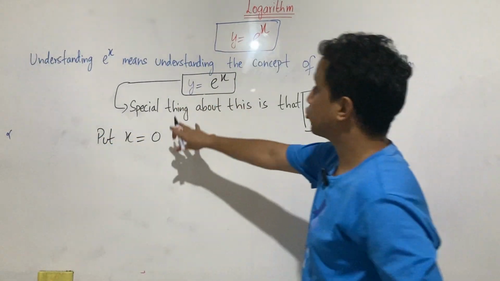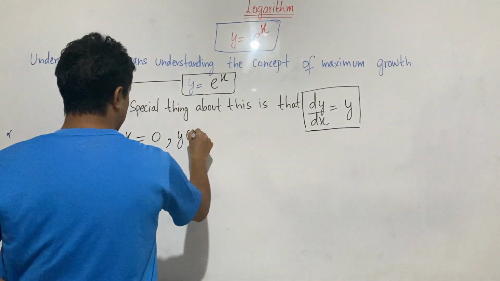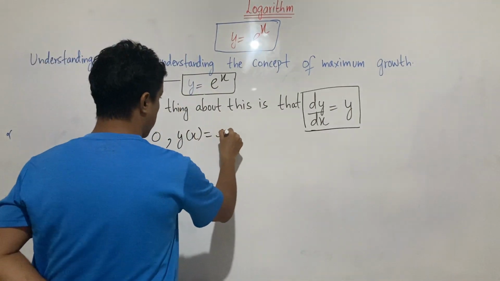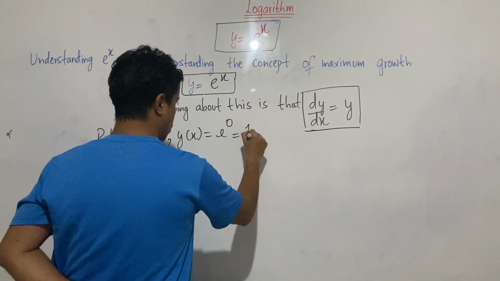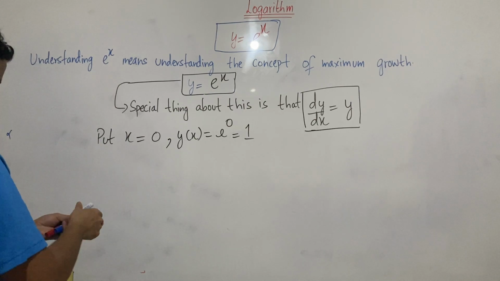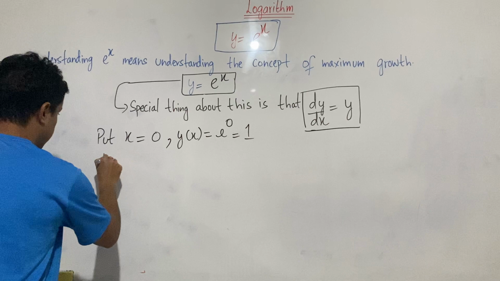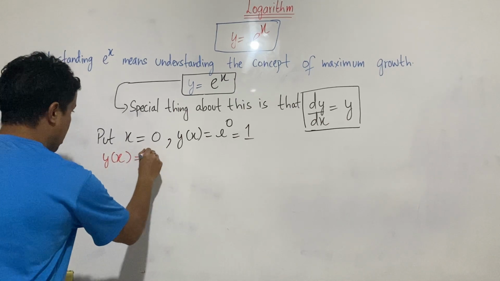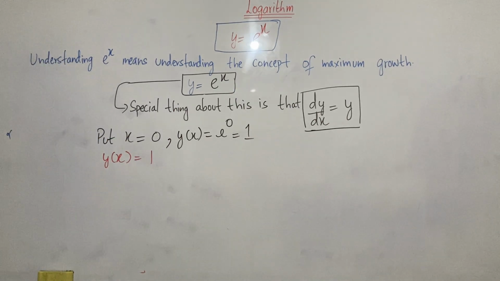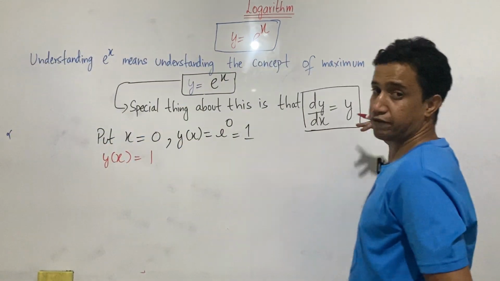Then my y of x would be e raised to the power 0, which is 1. Or I can write here that my y of x would be 1. Why? Because this is a differential equation, so we must start from somewhere.